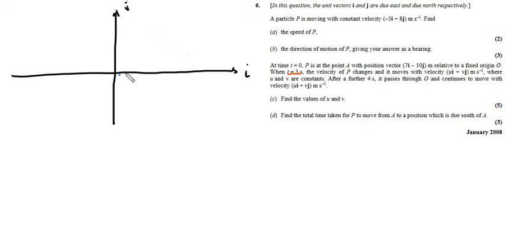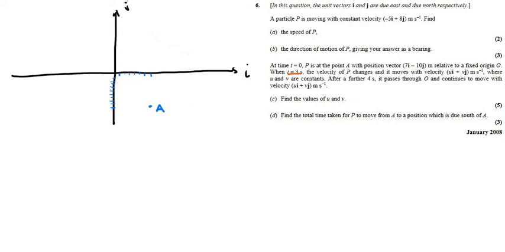So that's 1, 2, 3, 4, 5, 6, 7, and then minus 10j: 1, 2, 3, 4, 5, 6, 7, 8, 9, 10. So badly drawn, but not to scale. But let's just say that that is the position A.